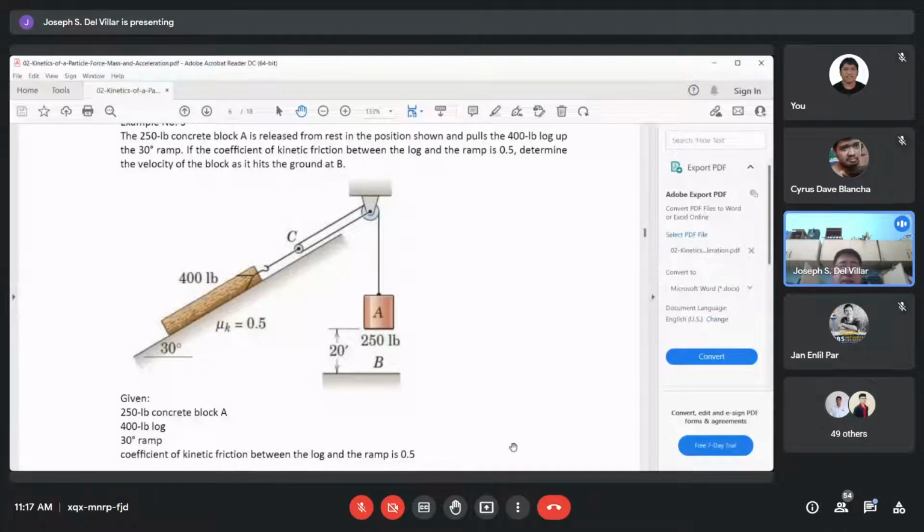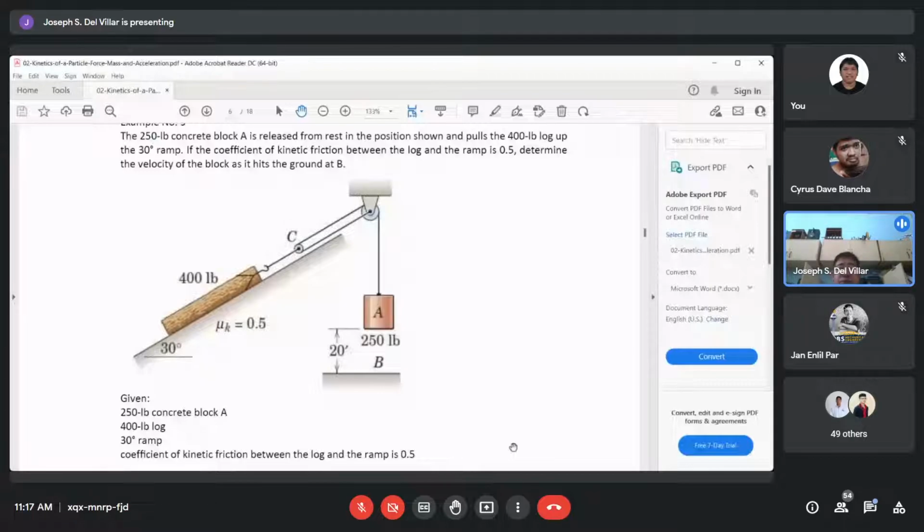So the log will go up the 30-degree ramp when it is pulled by concrete block A. Now, if the coefficient of kinetic friction between the log and the ramp is 0.5, mu k, the coefficient of friction, we denote that as mu.